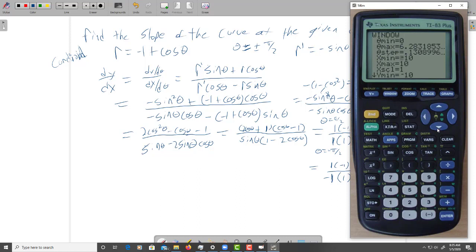You don't need to get very far out on this because the absolute maximum that gets is negative 2. So let's say negative 4 to 4 on both. Yep, and there's your cardioid.